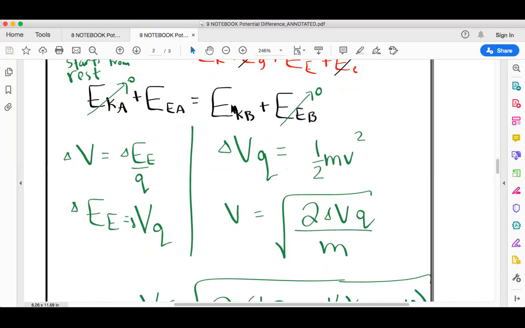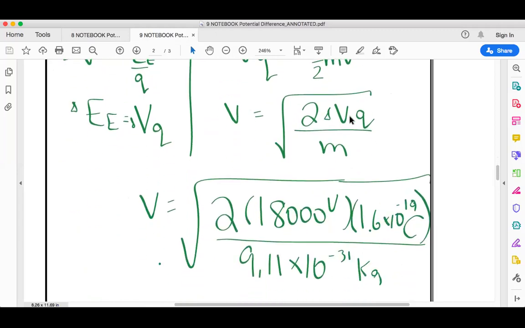And then on the other side, the EK is equal to 1/2 mv squared. So you've got VQ equals 1/2 mv squared. This might be a little confusing with my messy writing. This V is small v, that's speed that goes into the EK equation. And this is big V, like delta V for potential difference.